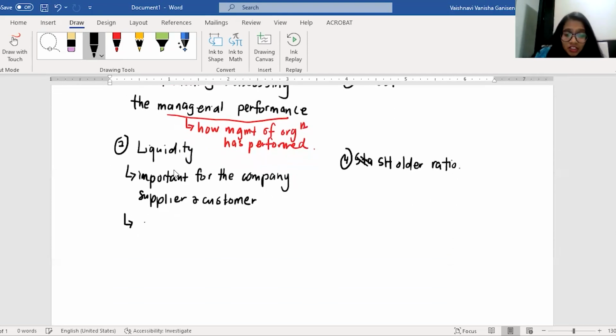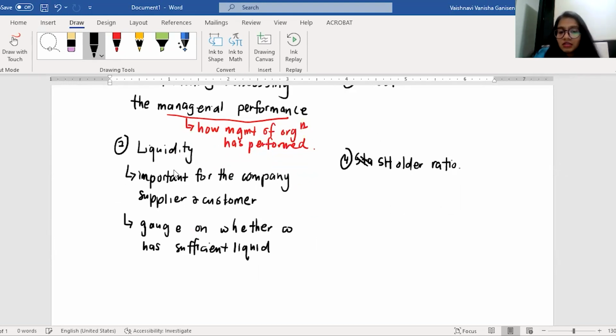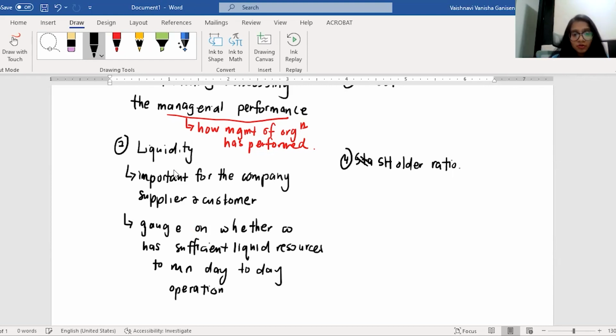It gives a gauge on whether your organization has sufficient liquid resources to run day-to-day operations. Day-to-day operations.